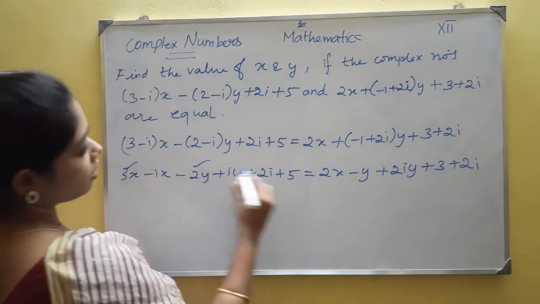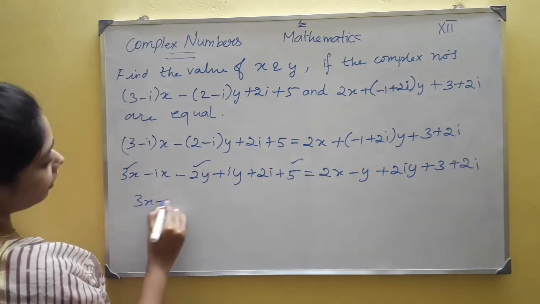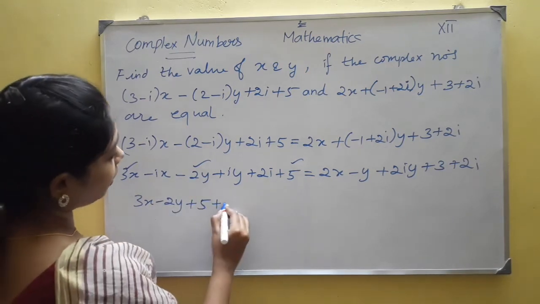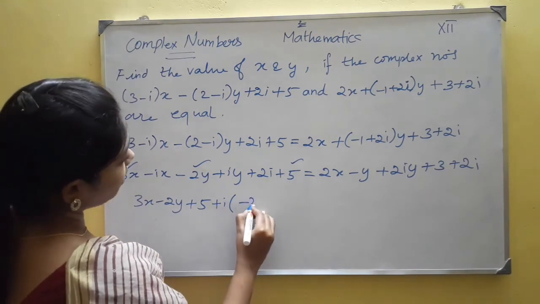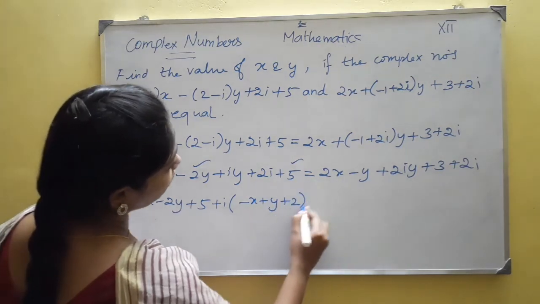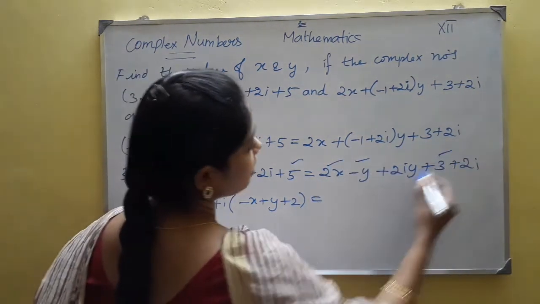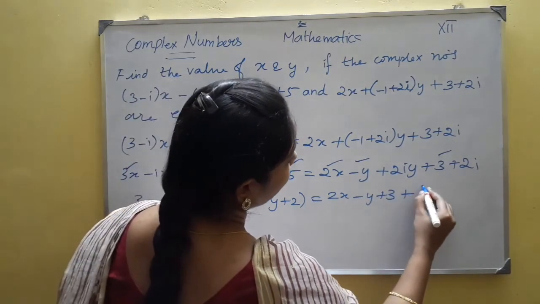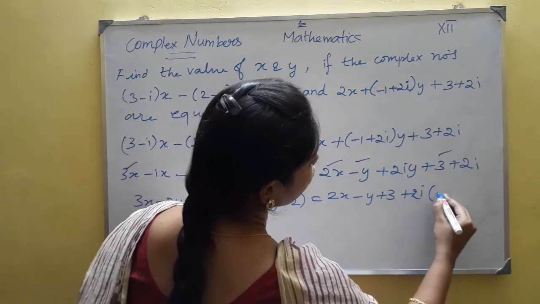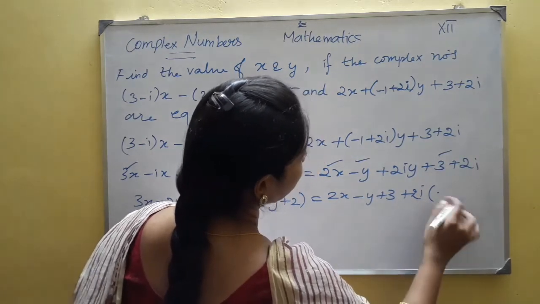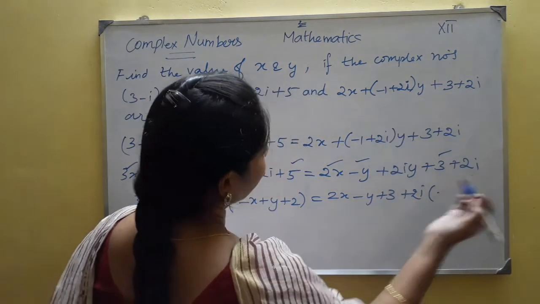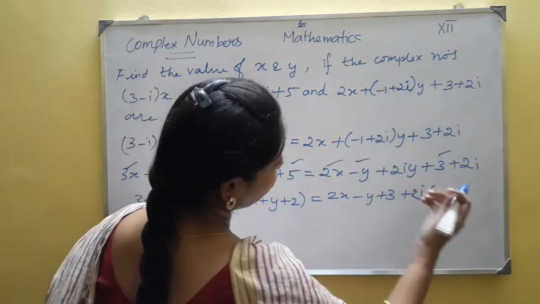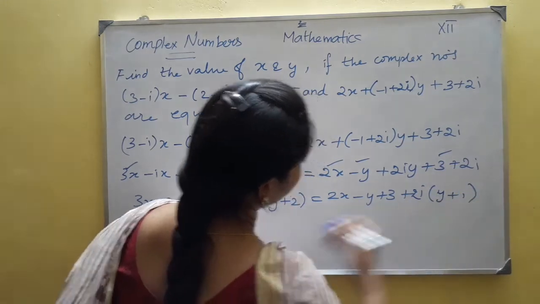Now these are all real numbers: 3x minus 2y plus 5, and the imaginary part, taking i outside, is minus x plus y plus 2. And here the real numbers are 2x minus y plus 3, and taking i outside, the imaginary part is 2y plus 2.